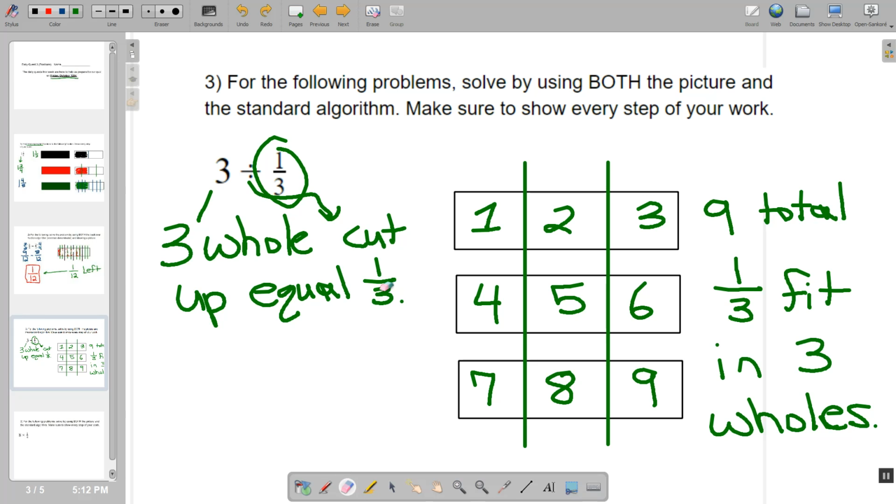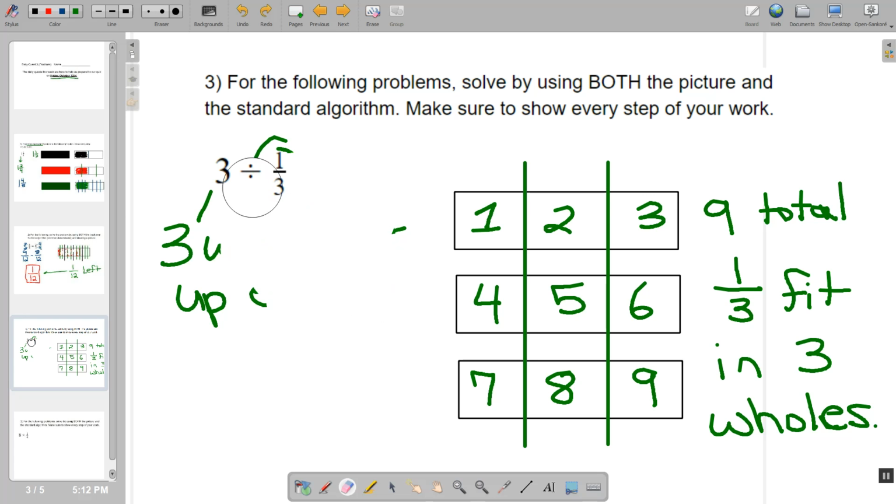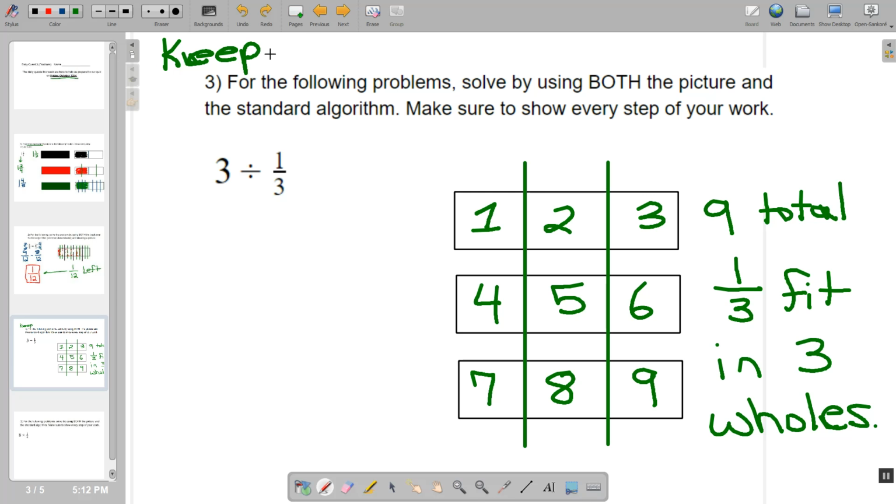So the algorithm here is a little bit tricky, and we have to remember something that we learned last year, which is when you are dividing fractions, the 3 terms are keep, change, and flip. Keep, change, flip.